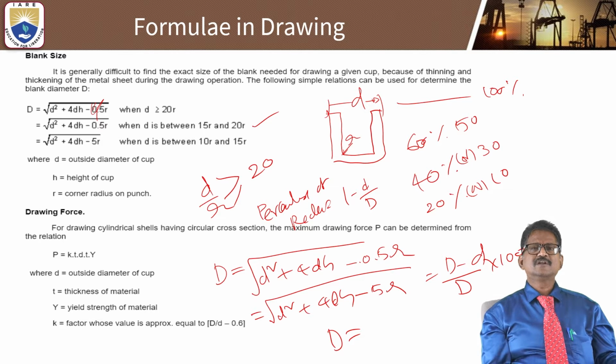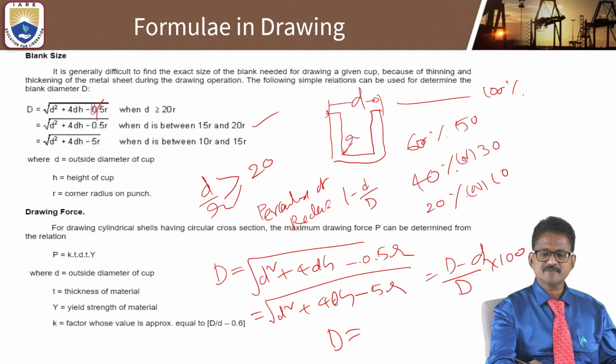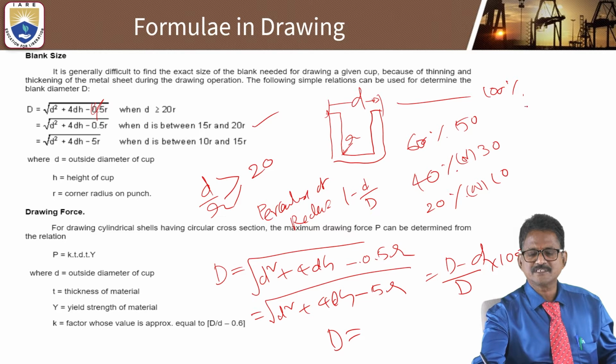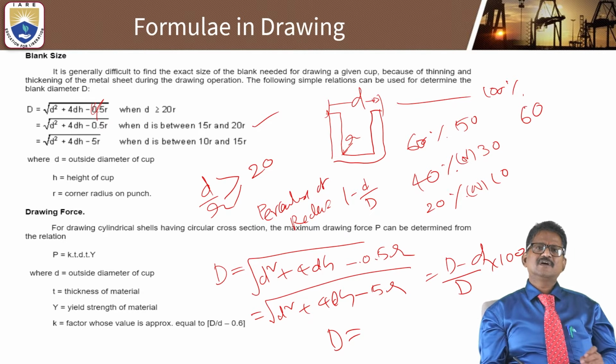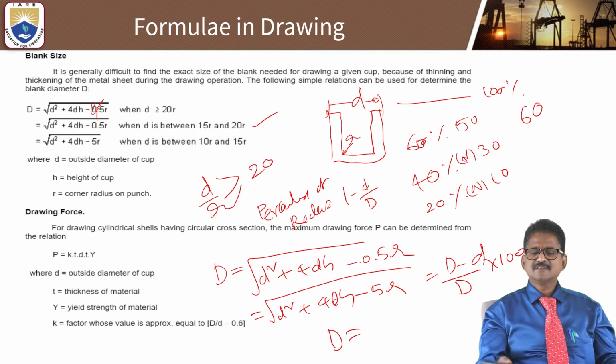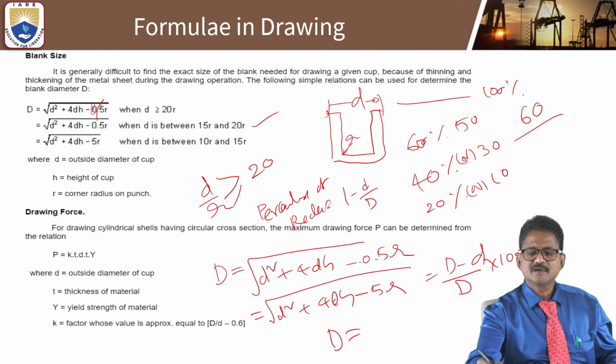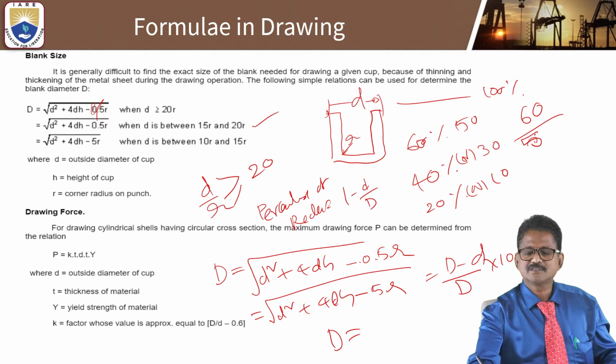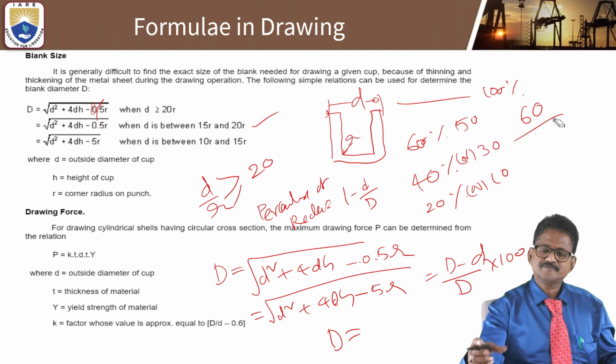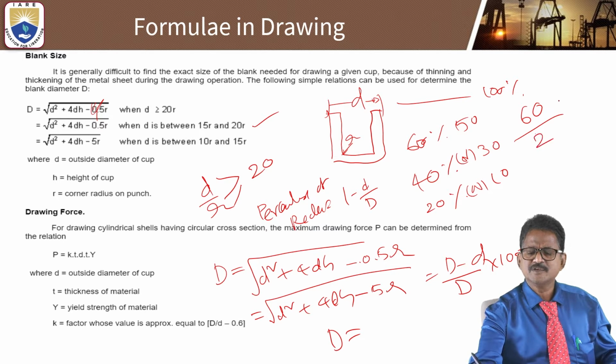So for example, outside diameter is suppose some 60, and corner radius will be given some 2, so that d by r is 60 by 2, 30.